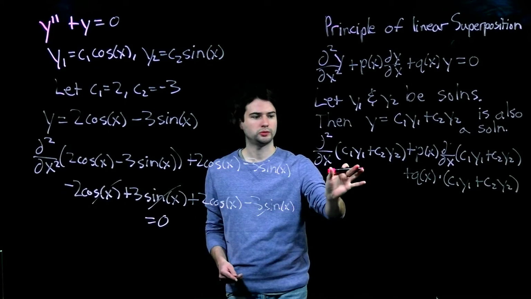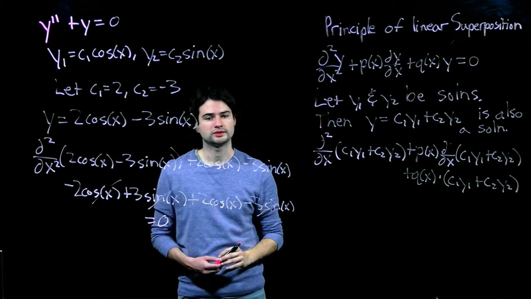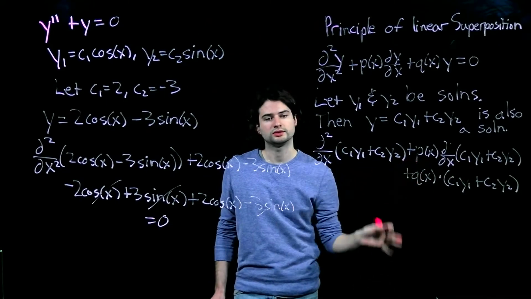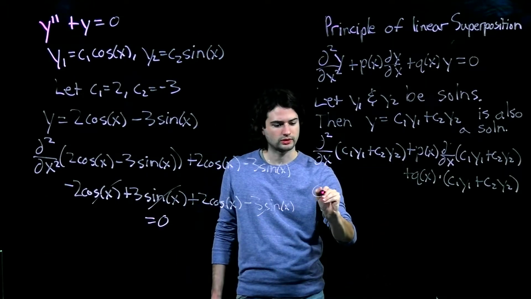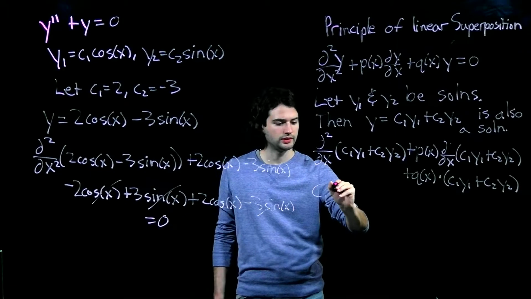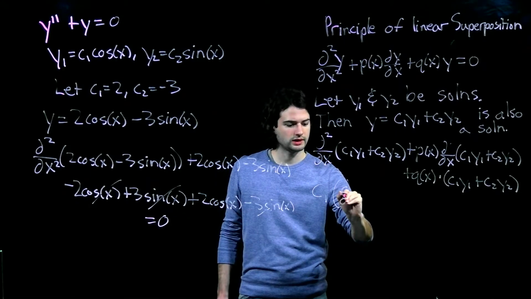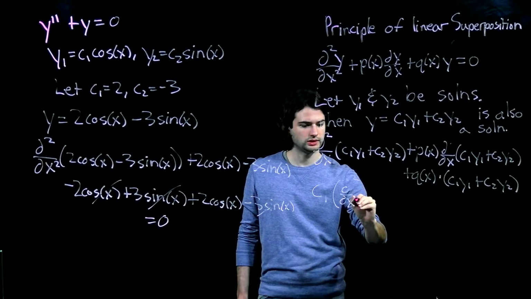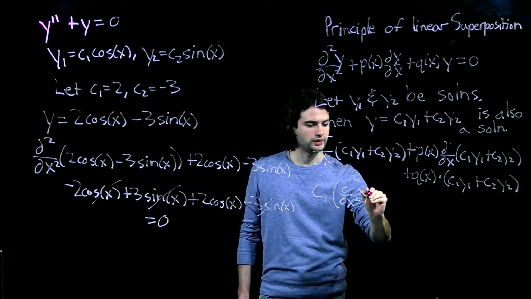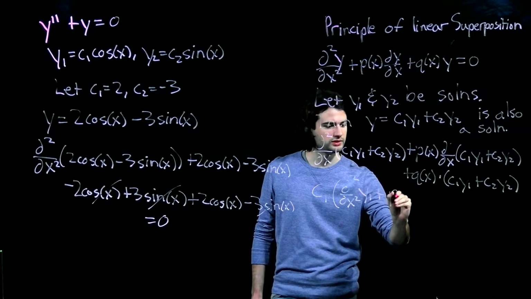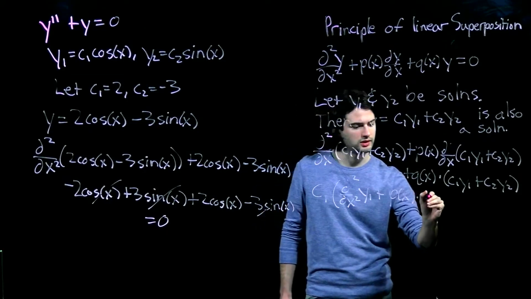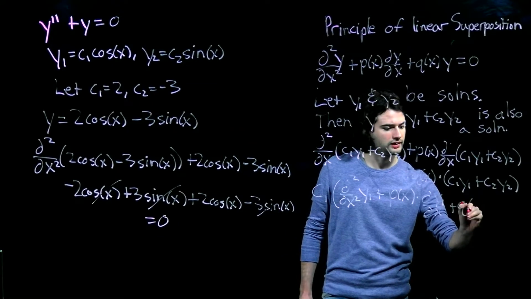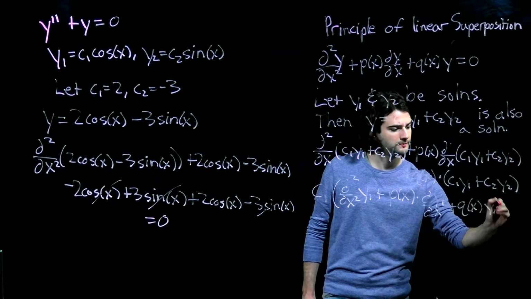Now if we group the parts of this equation with all the terms that have c1 and all the terms that have c2 together, so we start with grouping c1, we get c1 times d2 dx squared of y1 plus p of x times dy1 dx plus q of x times y1.